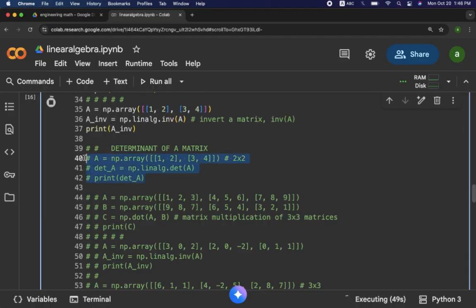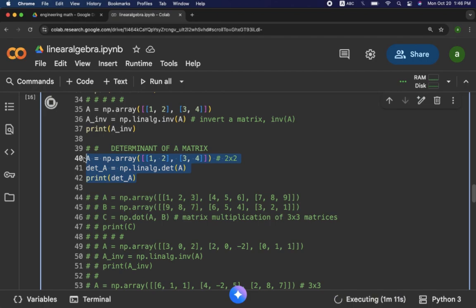And then you can take the determinant. Again, we commonly use the determinant, for example, when we check if we have a linearly independent set of vectors, and we verify if a set of vectors is a basis in a vector space or not. Again, we check the determinant.